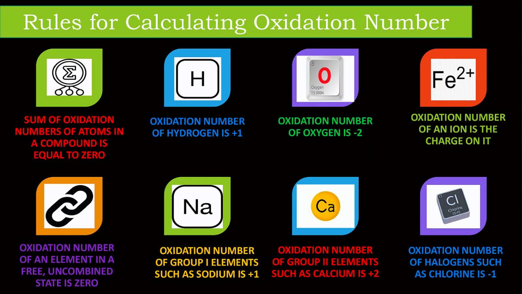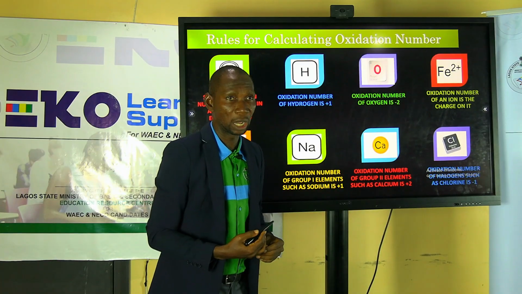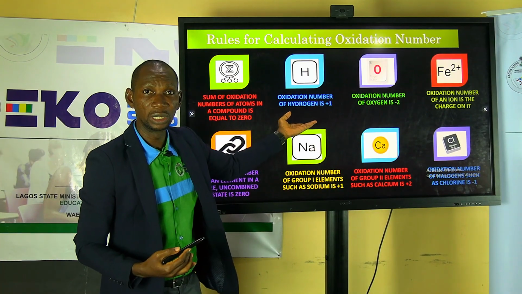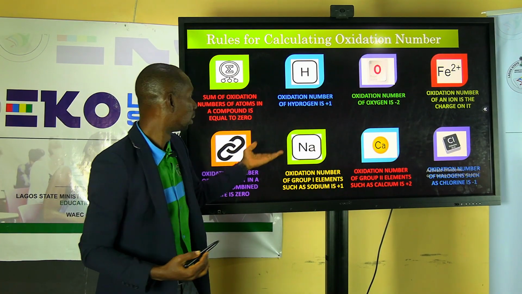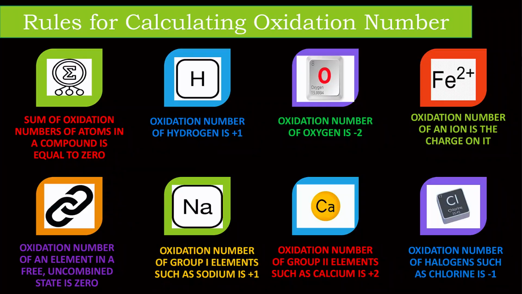Oxygen is also another very common element, and you must know that in most of its compounds, the oxidation number of oxygen is -2, except in peroxides, which I'm not going to dwell on so much. There's also an exception for hydrogen, except in hydrides, where it is -1. But in most of their compounds, hydrogen is +1, oxygen is -2.